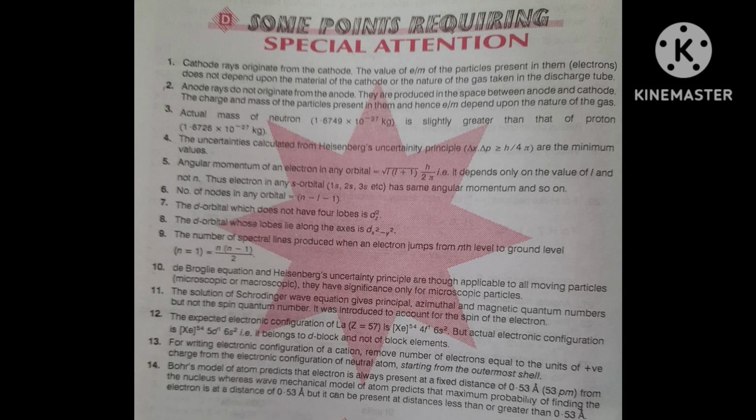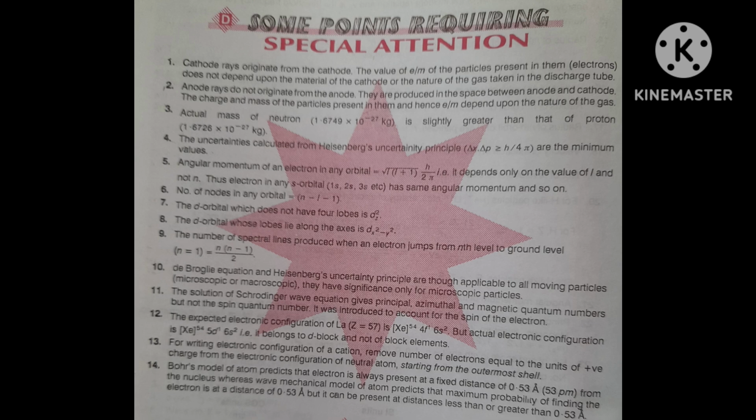Next point, the number of spectral lines. The number of spectral lines produced when an electron jumps from the nth level to the ground level, where ground level means n is equal to 1, is given by n(n−1)/2, where n is the orbit number.